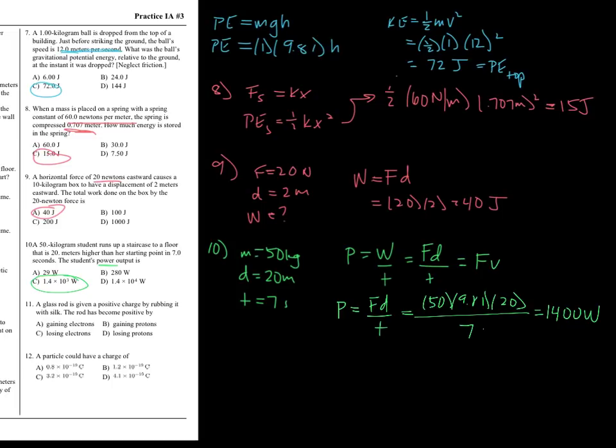And now we get to numbers 11 and 12, where we're thinking about electrostatics. A glass rod is given a positive charge by rubbing it with silk. The rod has become positive by losing electrons.